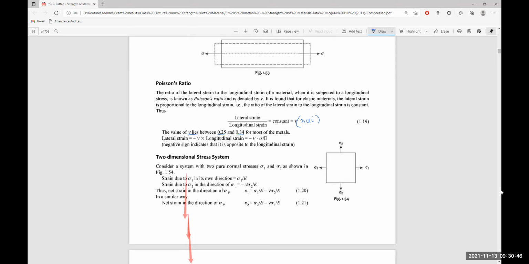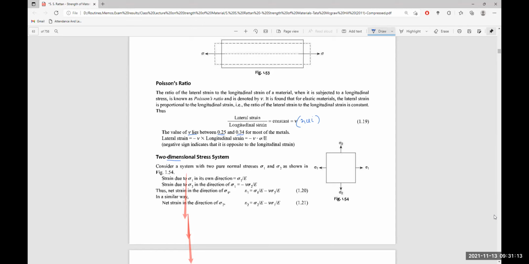Now there exists two-dimensional strain. There two normal stresses acting.